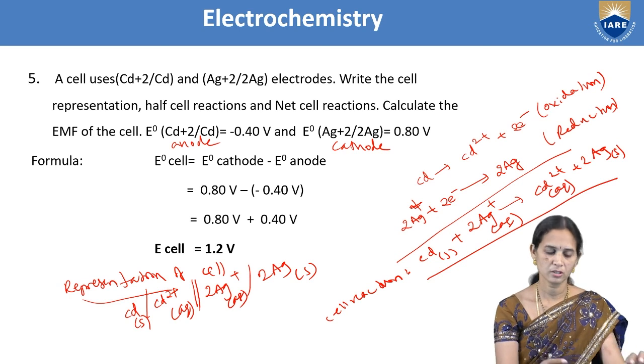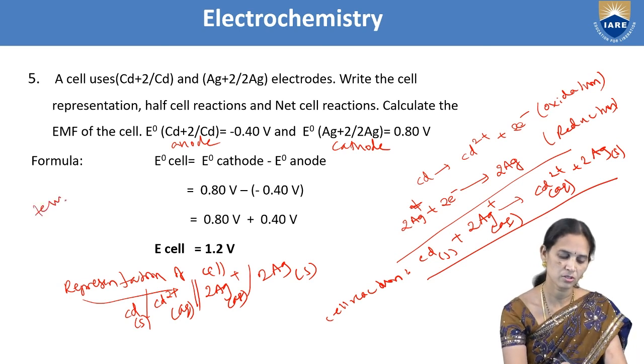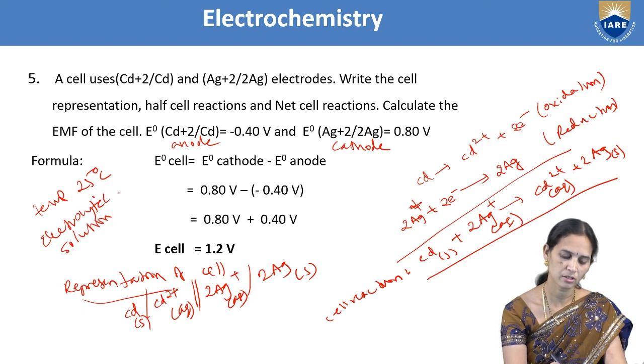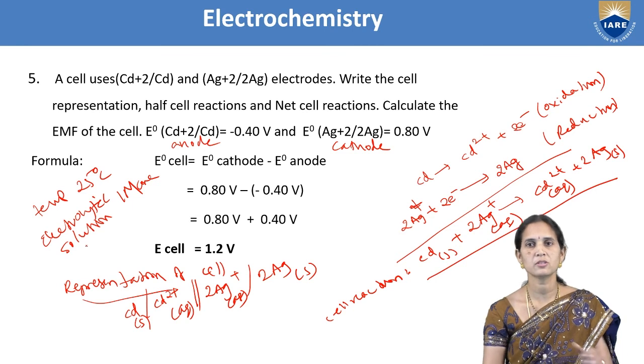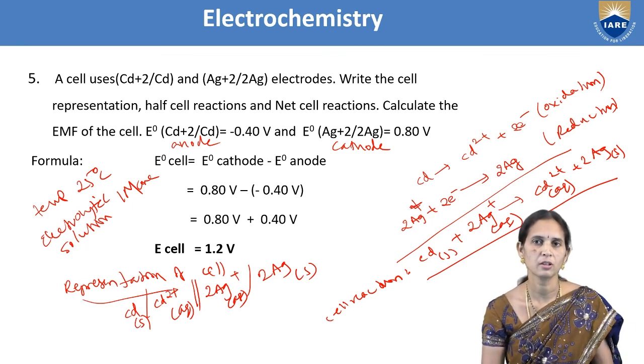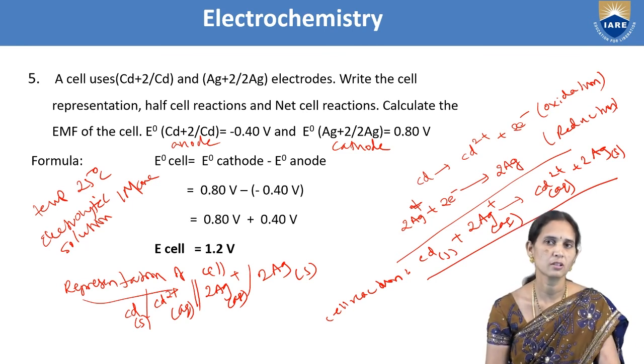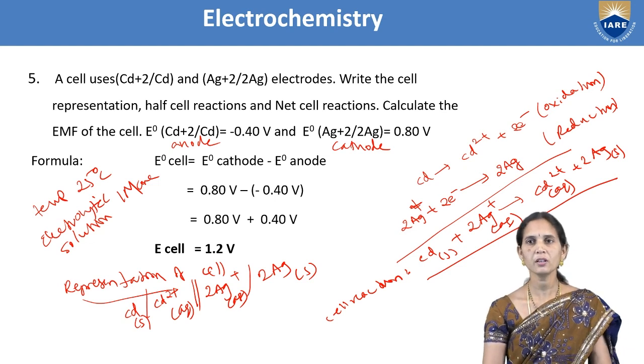The temperature is 25 degrees centigrade, the electrolytic solution is 1 molar concentration, and whatever electrodes we are taking are connected to the standard hydrogen electrode. So we can take the values and apply them here.